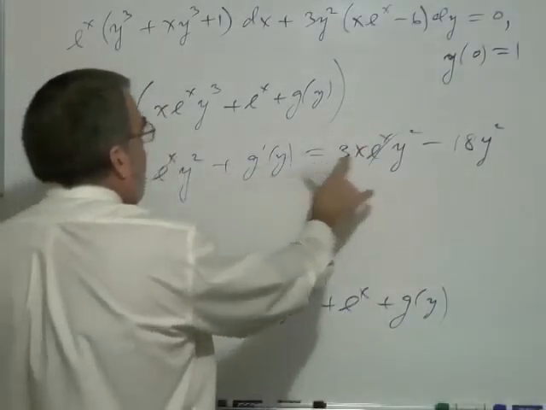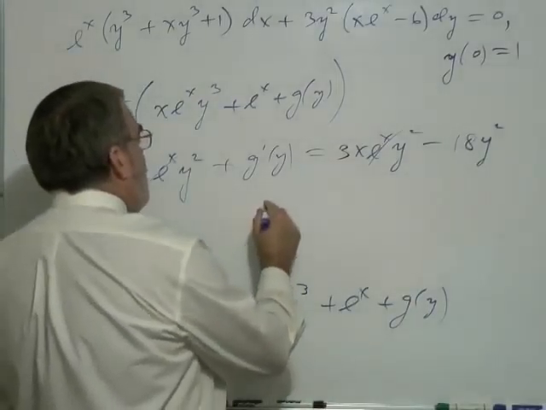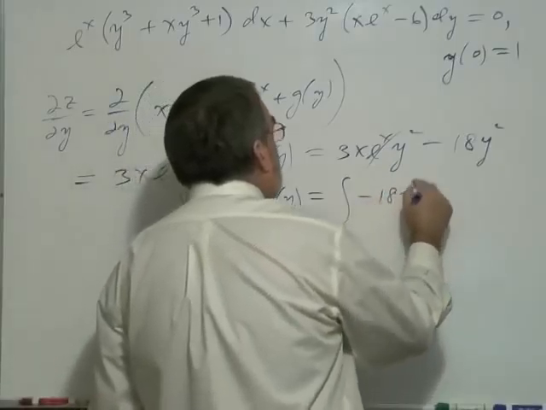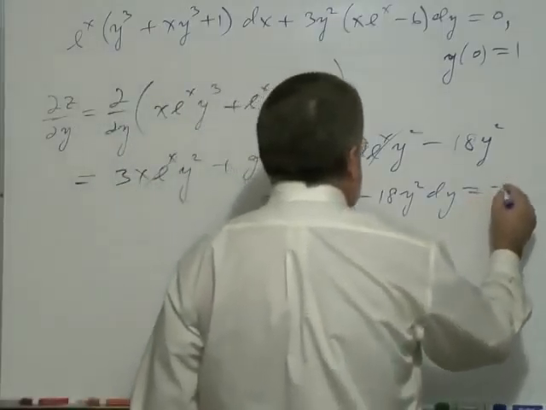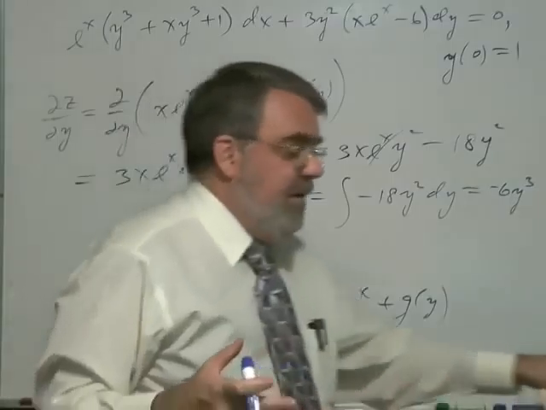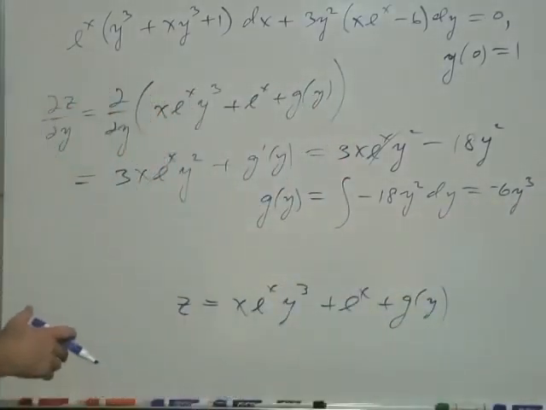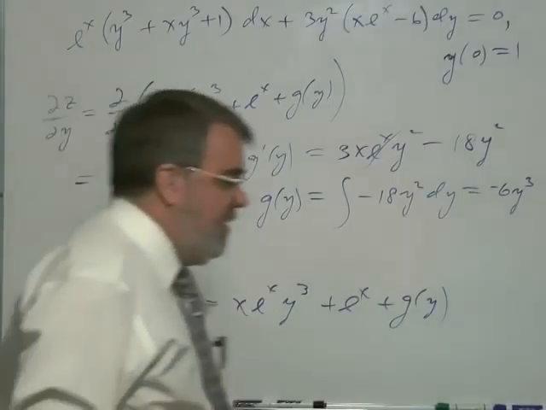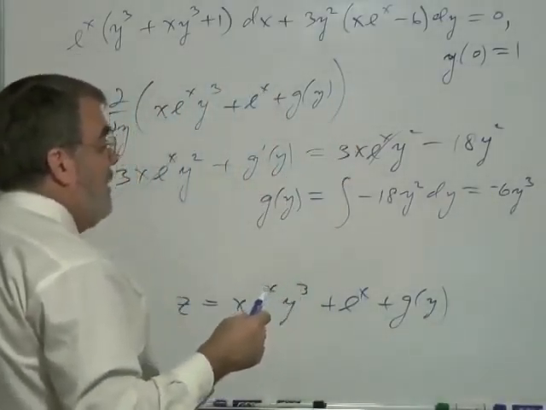So I have to solve g prime of y equal to minus 18y squared. Well, my function g of y would be the integral of minus 18y squared dy. And that would be what? Minus 6y cubed. Again, we don't need the plus c here because that gets taken care of in the answer to the problem.